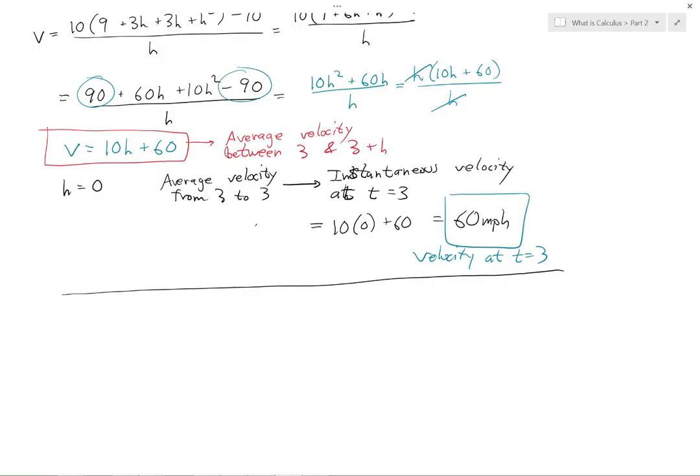I want to finish off by going back to our first example, with d equals 40t, where we had that line, the linear velocity. I want to just demonstrate one thing here. Let's use this line, and I'm going to use the same technique we just used on this linear equation to find the instantaneous velocity.